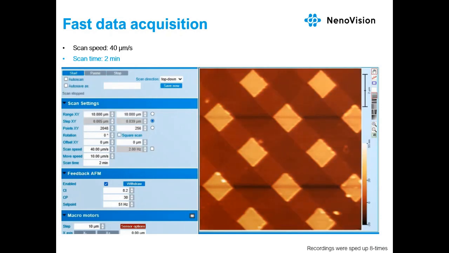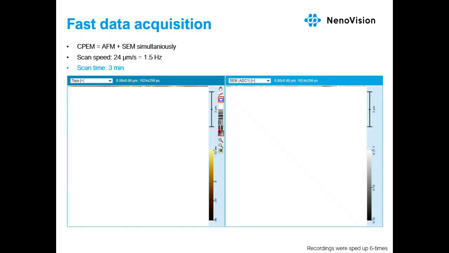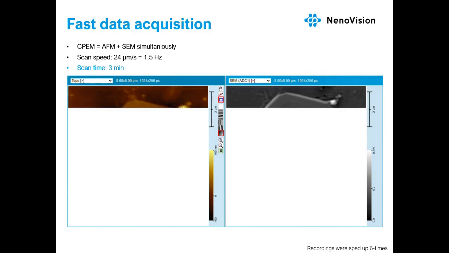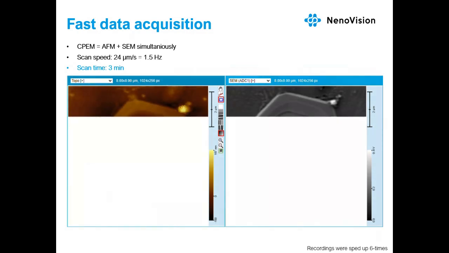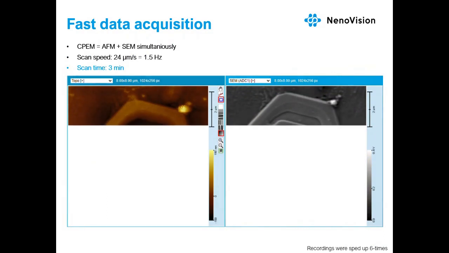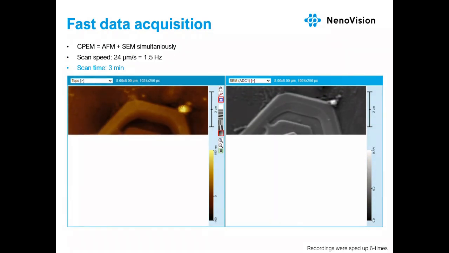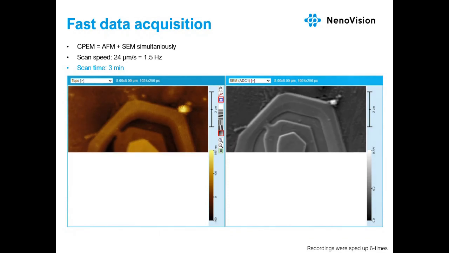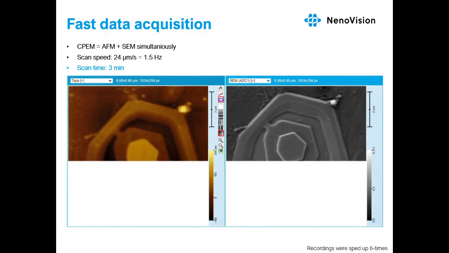I'm not talking only about the AFM. Of course, you can still do the CPEM and the correlative imaging. Here you can see a real sample, not the test sample. It's a 2D material, molybdenum carbide, and this was done within 3 minutes. Simultaneously, again, we acquire AFM and SEM.